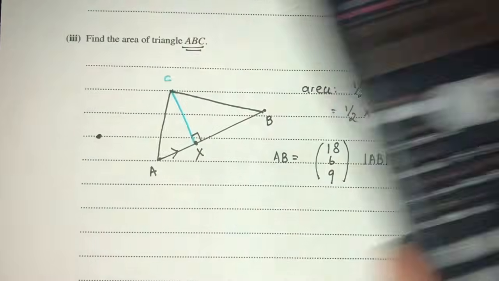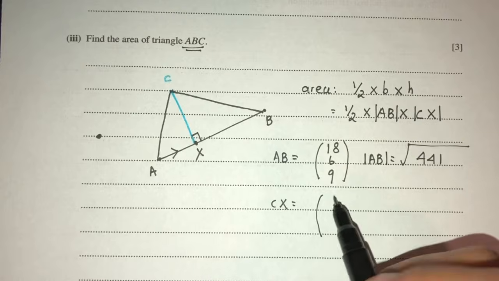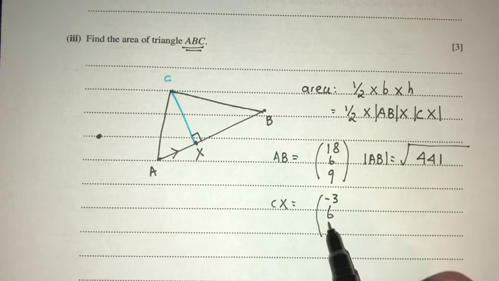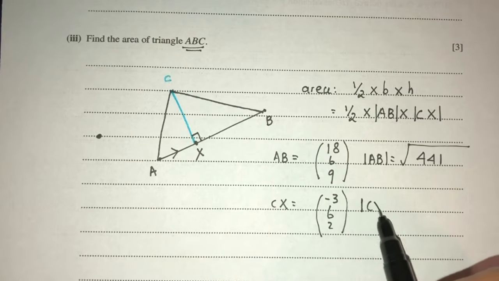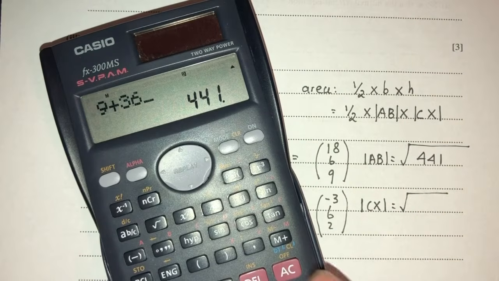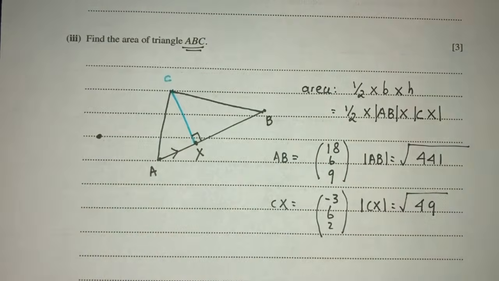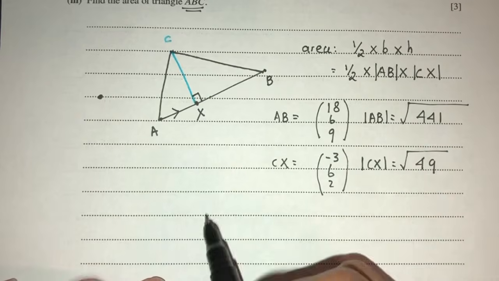441. And we know that CX has been given to you by this, which is (-3, 6, 2). So CX has to be 9 plus 36 plus 4. That will be 49. So now replace back in your equation to find the area.